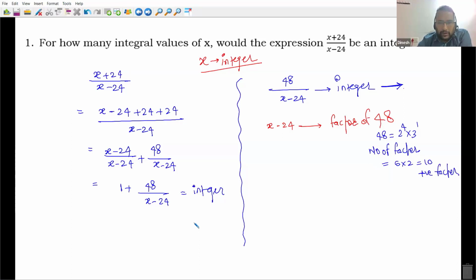Now, in the numerator, 48 divided by something is an integer. It means whatever is there in the denominator has to be a factor of the numerator. If it is not a factor of the numerator, for example, if you write 5 in the denominator, will it be an integer? No, it will not.